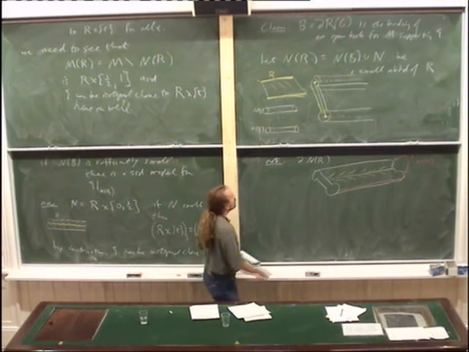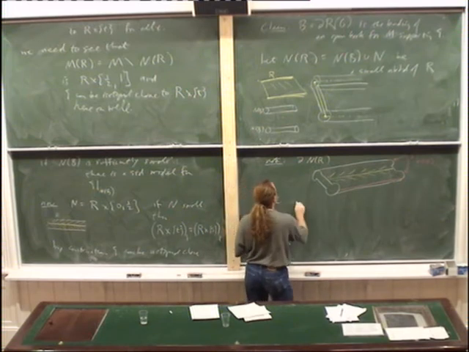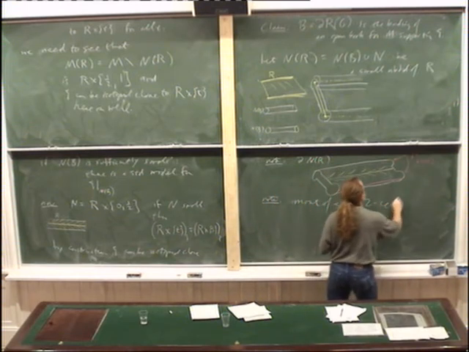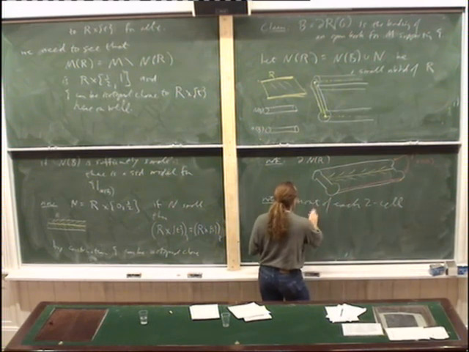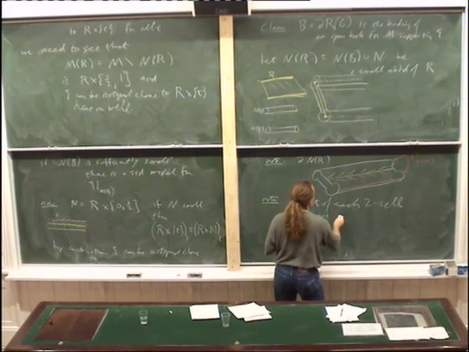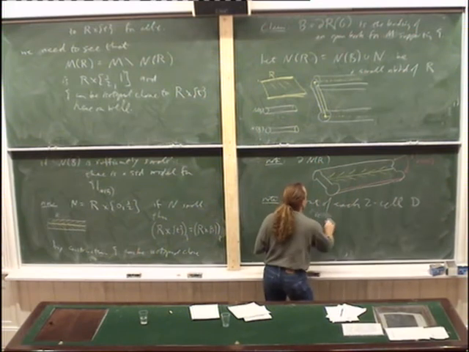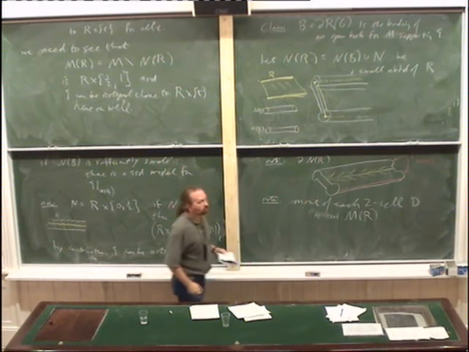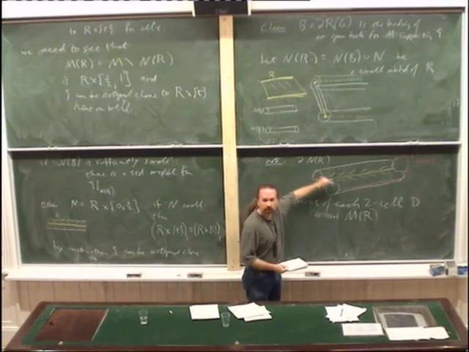Okay. Well, so note, most of each two-cell D is outside N_R. Okay. So most of the two-cell D is outside this little neighborhood, right?